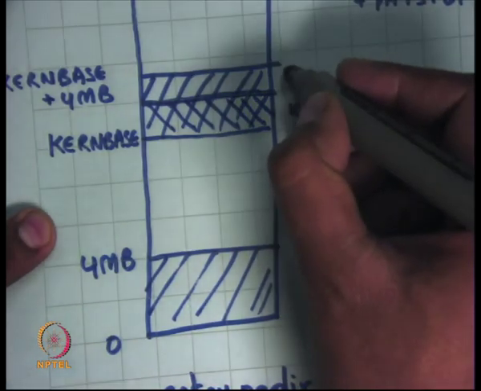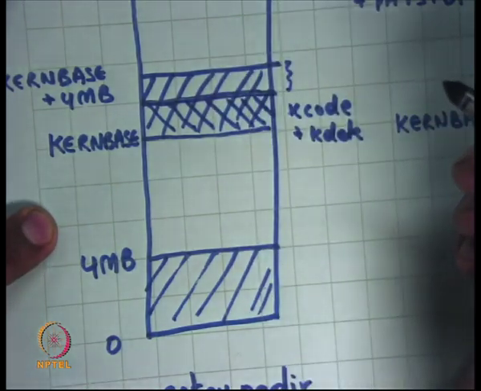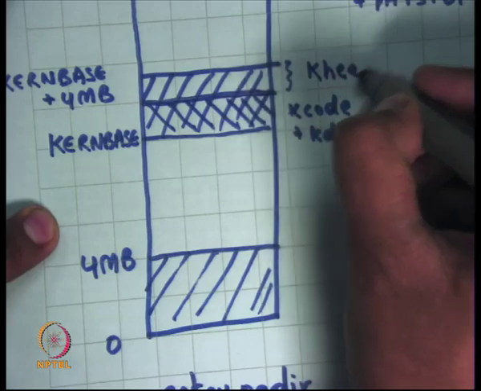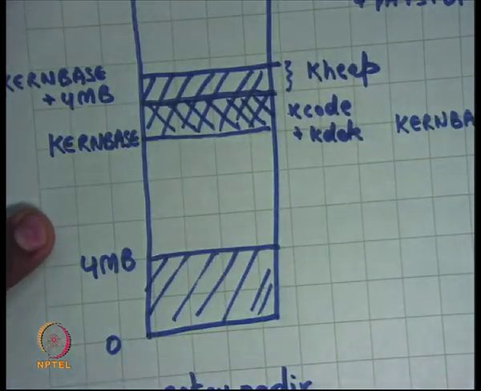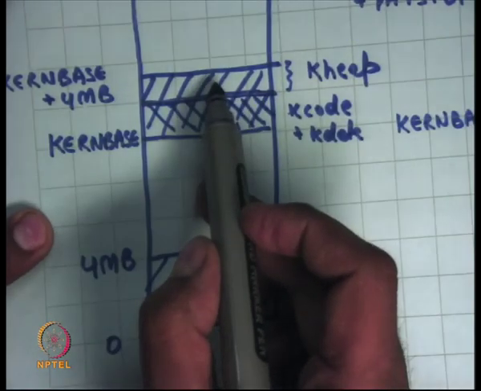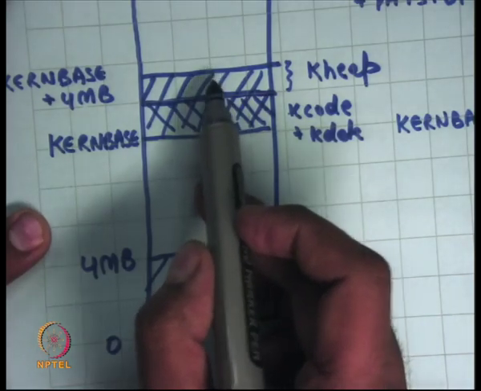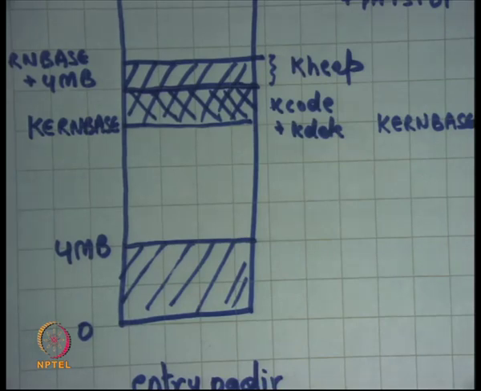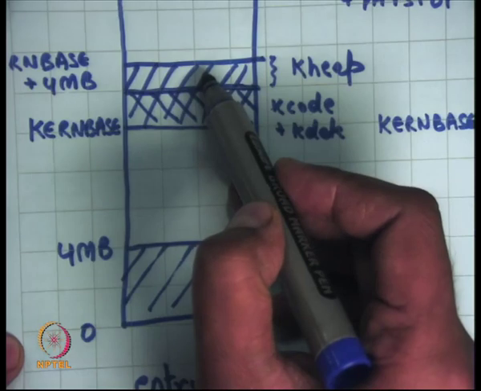And all this area above it is going to be used as kernel's heap. Let's call it k heap, right? And this is where you are going to use this space to allocate space for k page dir, for example, right? So this is the area from where you are going to allocate pages for k page dir.